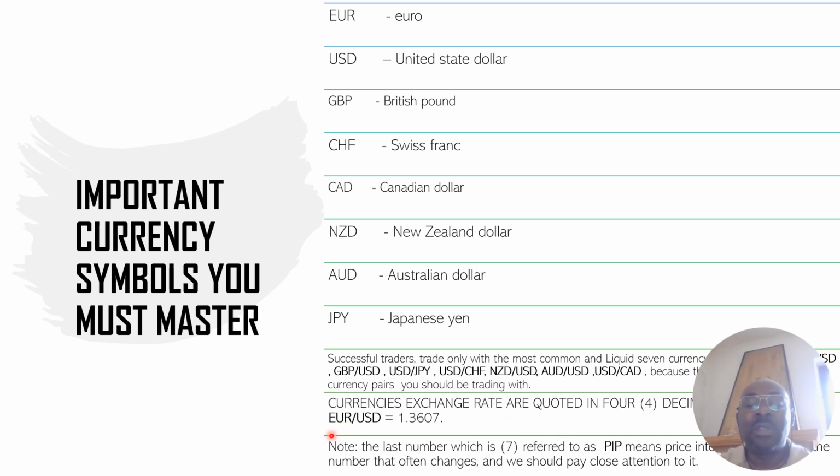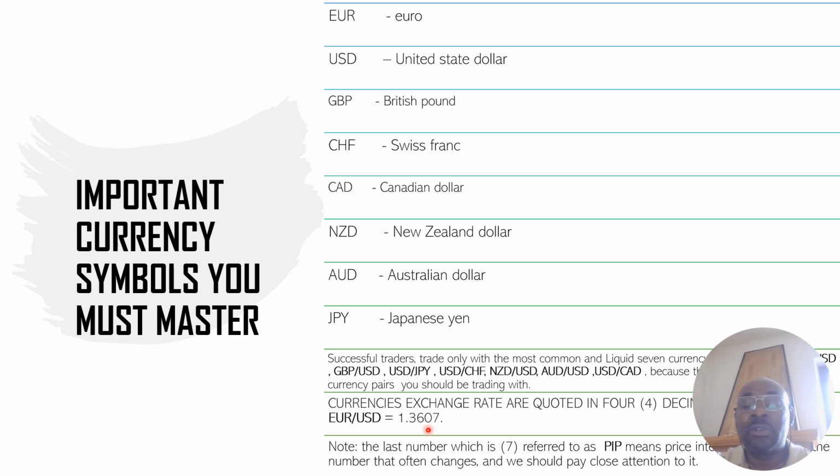Currency exchange rates are quoted in 4 decimal places. For example, EUR/USD equals 1.3607. This is just for teaching. If you want to know the actual exchange rate, you just go on the net and check the actual.